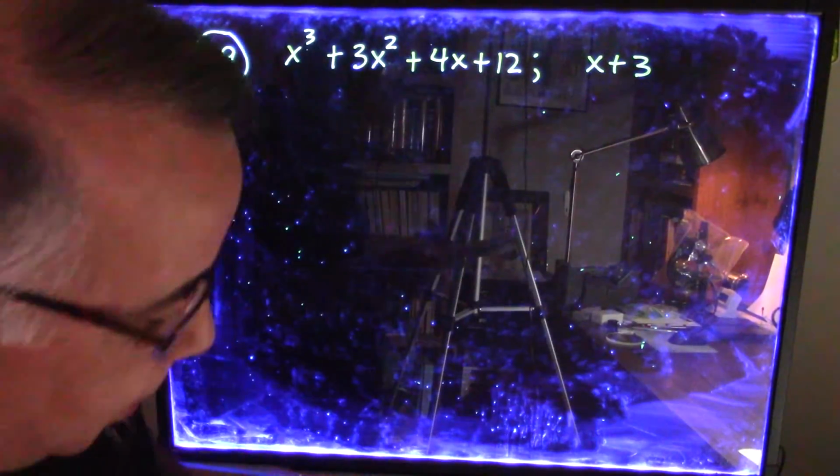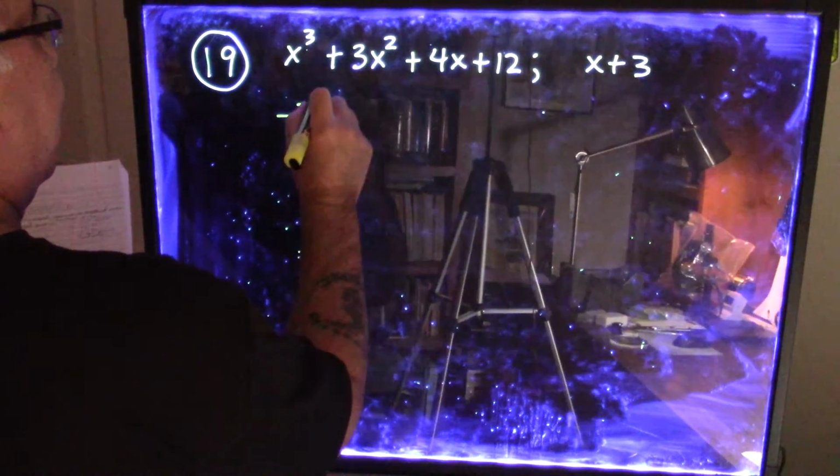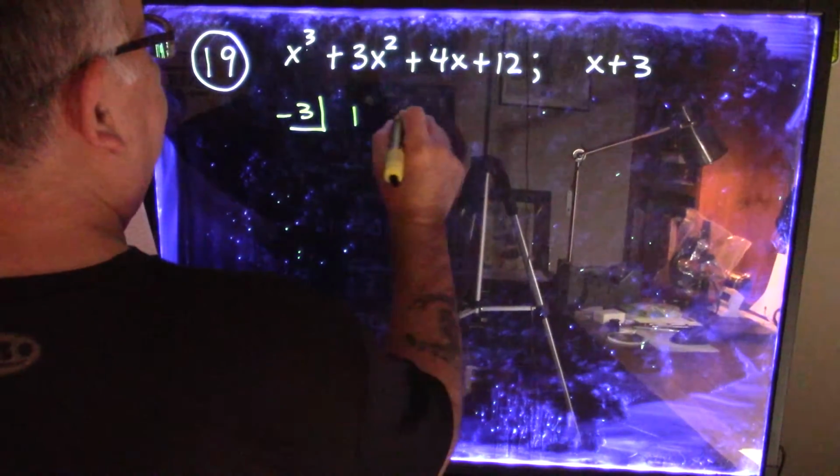All right, so x minus a negative 3. So we got a negative 3 and a 1, 3, 4, and a 12.